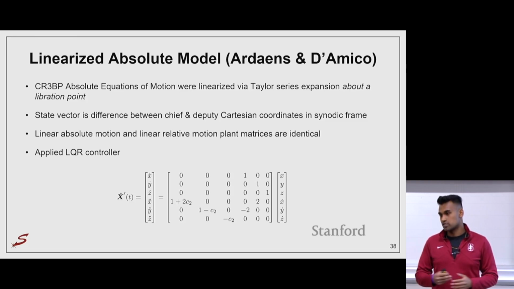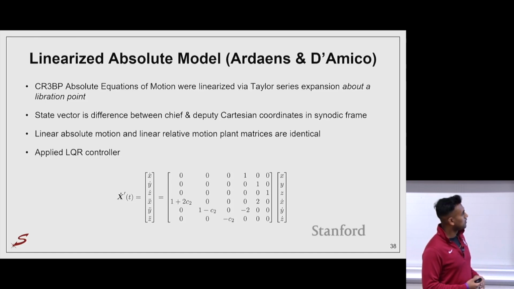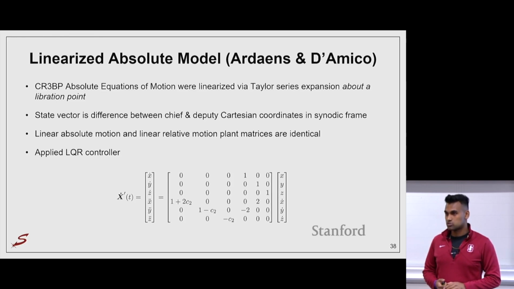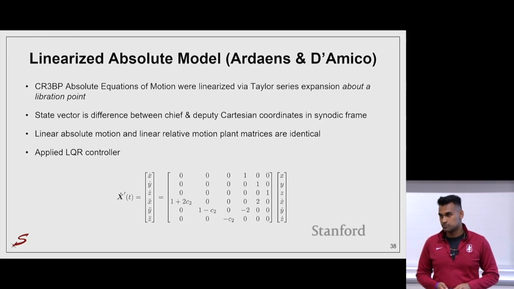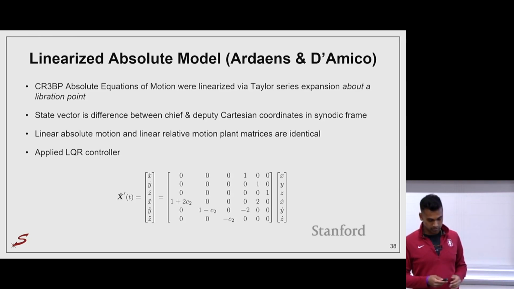It was just a matter of changing the state vector, because they were just subtracting two identical equations of motion. And they were able to apply LQR control to that linearized dynamics model. So there's one approach.